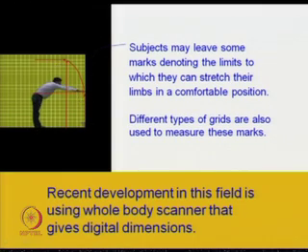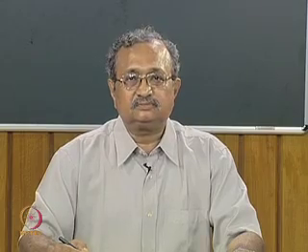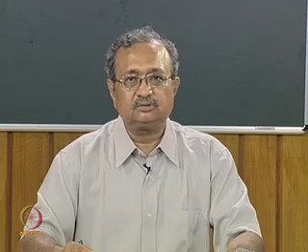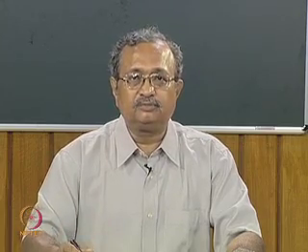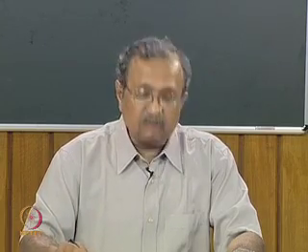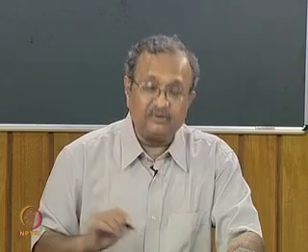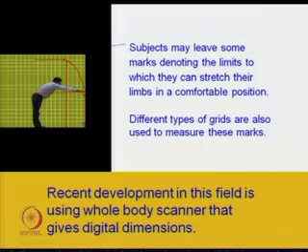Now, whatever we discussed, photography or using direct measuring equipment, these are all direct or indirect methods, but a recent development in this field is using a whole body scanner system that gives digital dimensions.